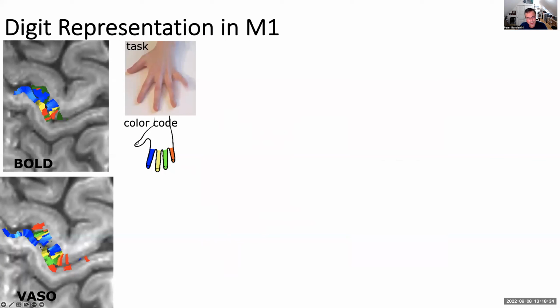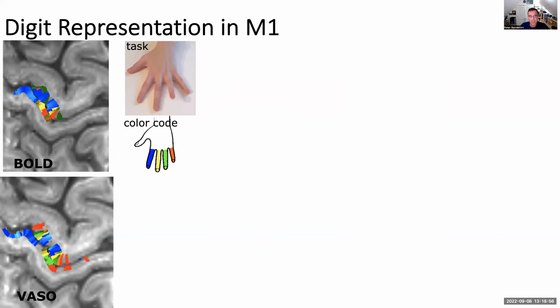And there's some interesting information that pops out here. With VASO, the sensory cortex seems to be organized with one pattern that goes from the index finger down to the pinky finger. In the motor cortex, it seems to show something kind of similar in some ways to V1 and V2.